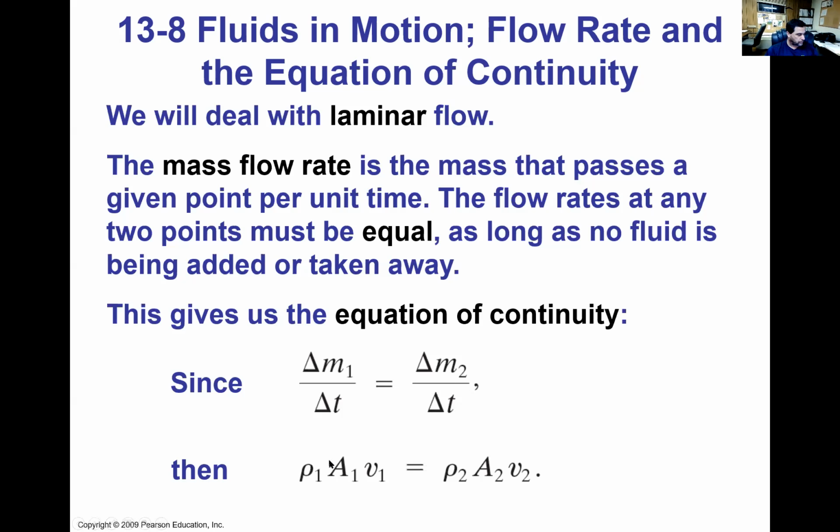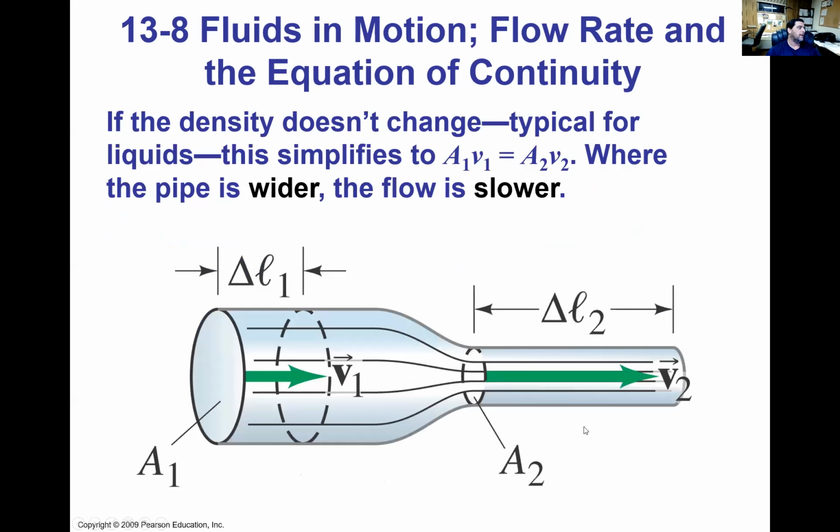So density 1, cross-sectional area of flow 1, velocity 1 is equal to density 2, area 2, velocity 2. Now, a lot of times the densities are going to be the same, so this will simplify to A1 V1 equal to A2 V2.